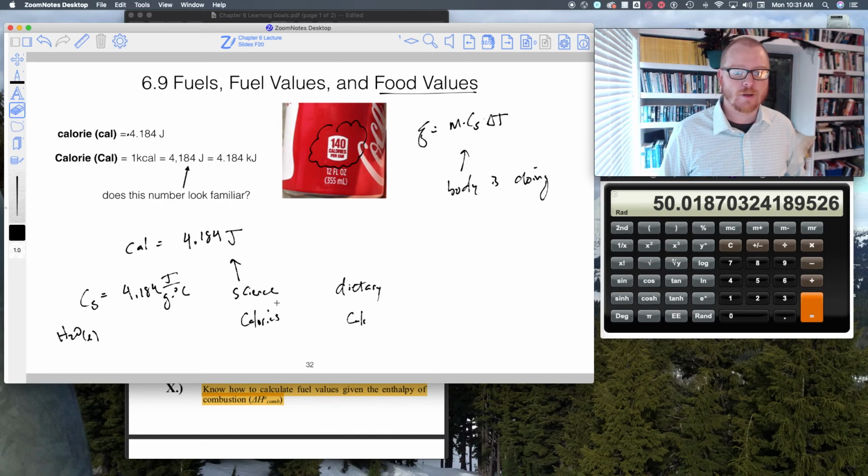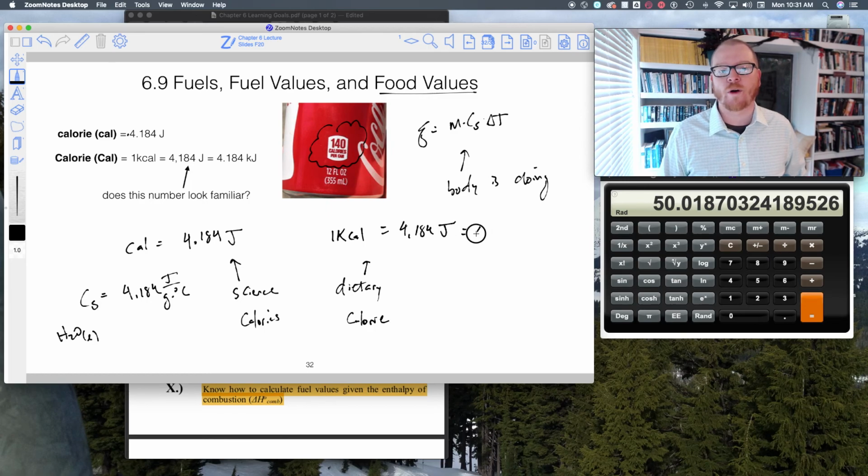So that means one dietary calorie is actually equal to 1 kcal, which is 4,184 joules, or 4.184 kilojoules.